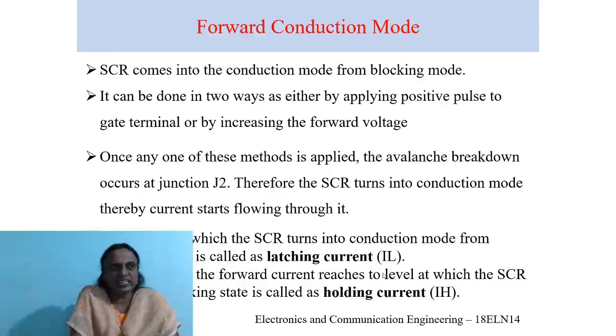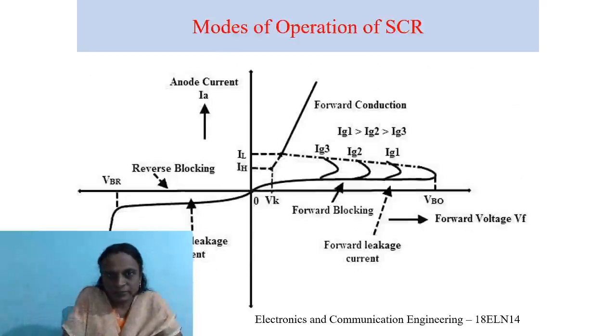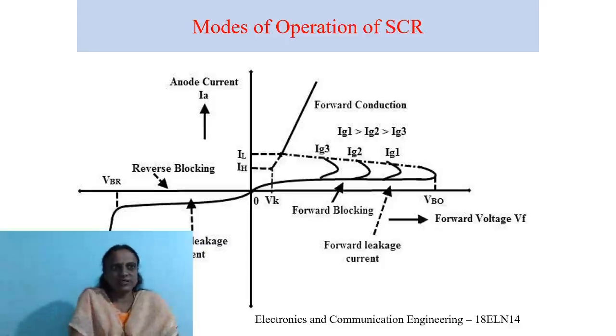Hence, the holding current is slightly less than the latching current. This is an important concept to be noted down. Why is holding current slightly less than the latching current? In this diagram, we can see holding current is slightly less than the latching current.